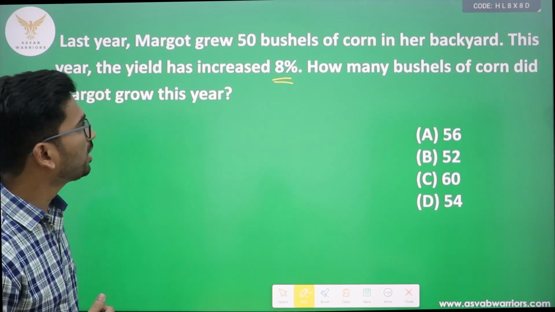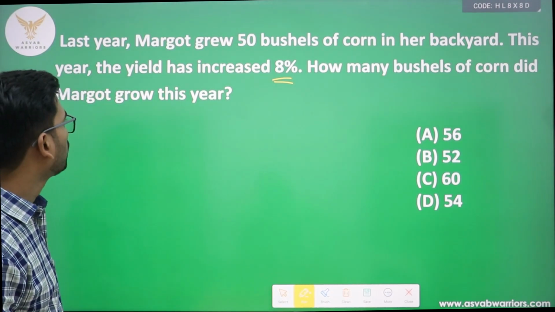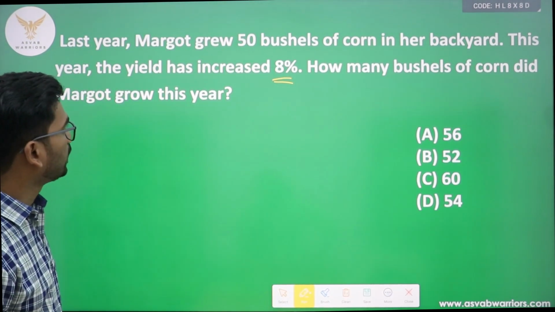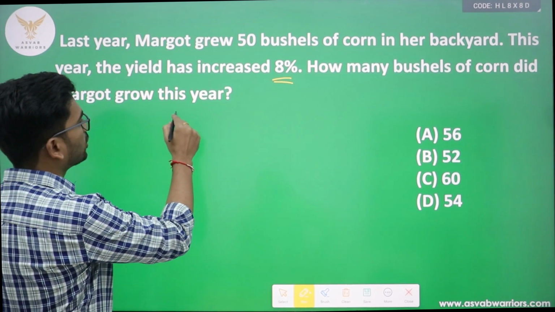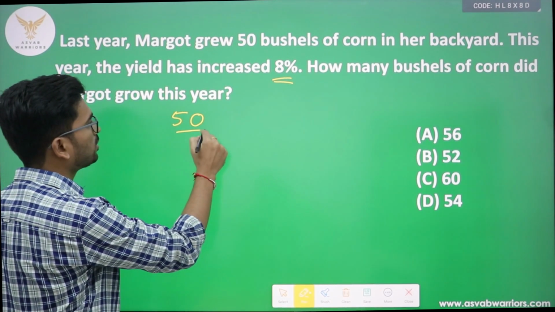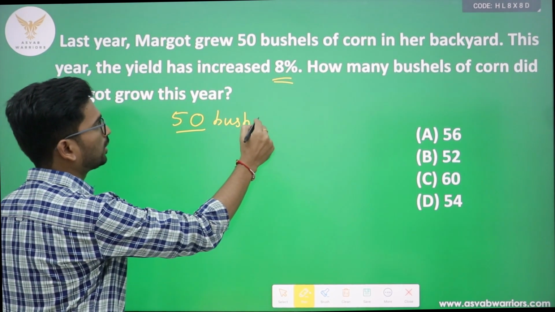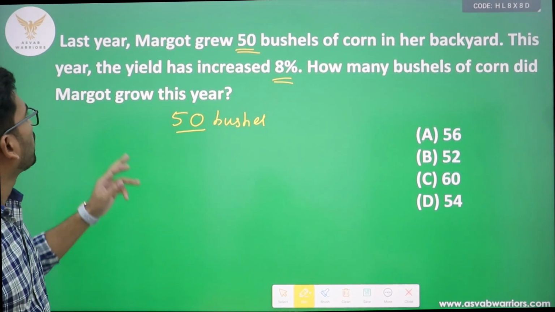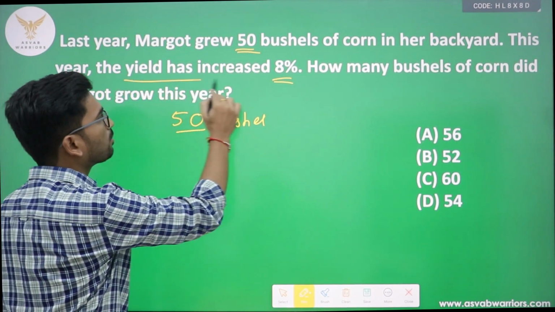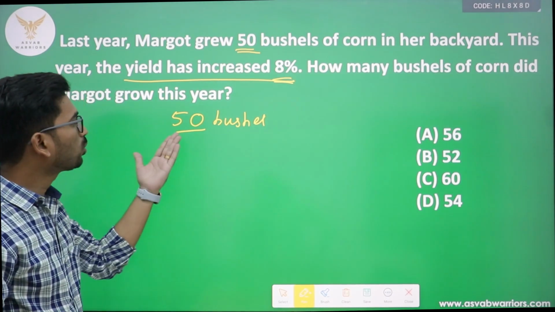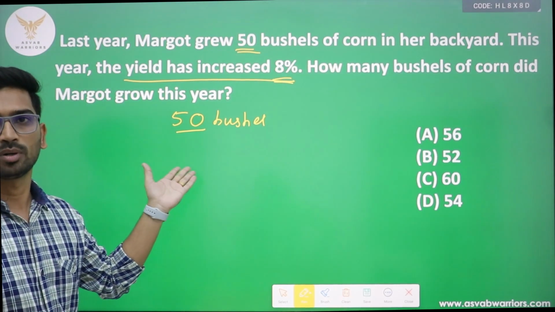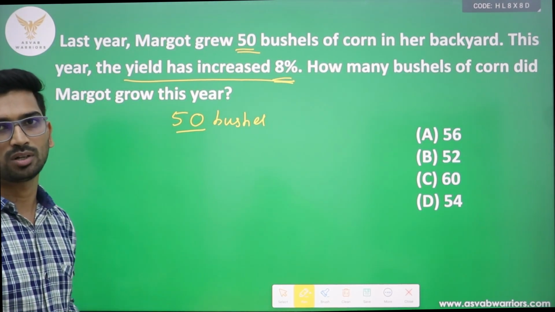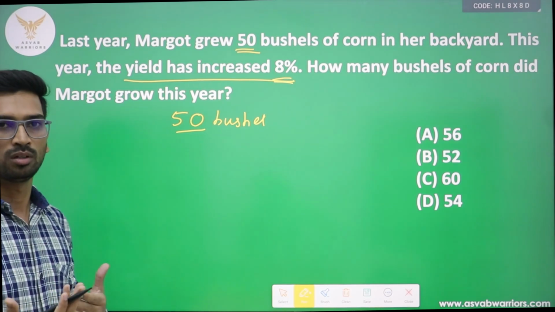Last year she grew 50 bushels of corn, and this year the yield has increased by 8%. We need to calculate the increment of 8%, and after the increment of 8%, what will be the new number?